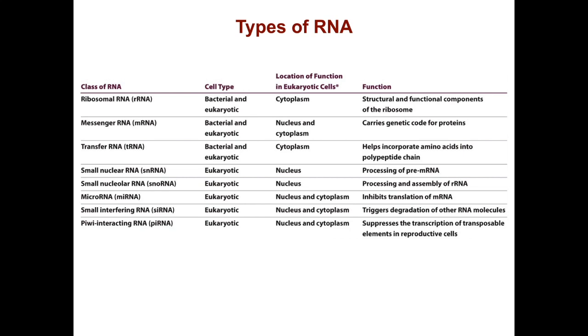So these are transposons. And CRISPR RNAs are specific to prokaryotic cells, and they assist in the destruction of foreign DNA. And they work a little bit like an adaptive immune system for foreign DNA.